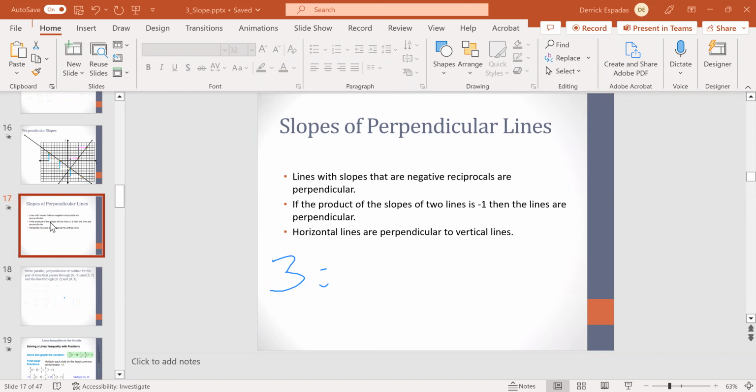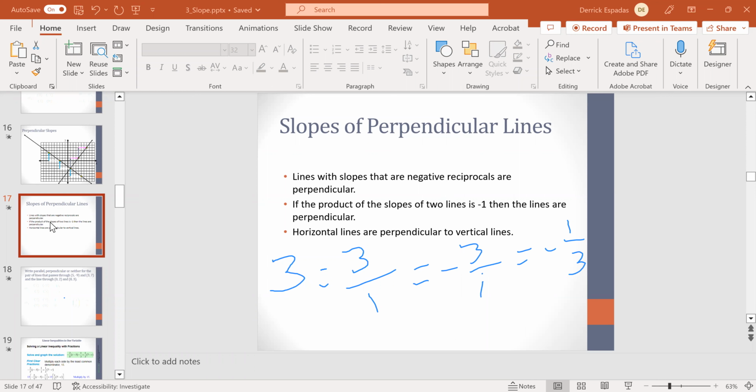We can make any number a fraction by putting it over 1, and it's still itself. So 3 over 1. A negative reciprocal, I describe it as negative and flip. So let's do the first step. Let's make it negative. Negative 3 over 1. And then flip it. So that means put the bottom number on top and the top number on the bottom.